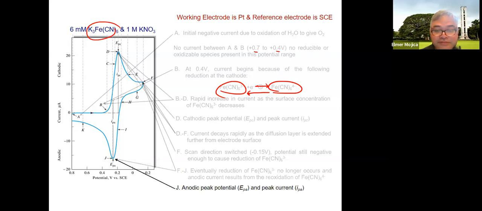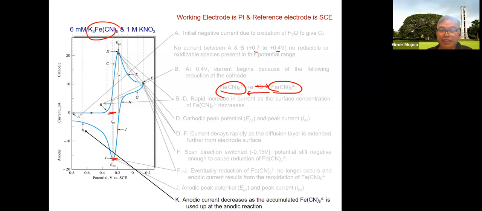So the lowest point that you have here, or the maximum between this and the background that you have there, that is the zero. That is your anodic peak potential and peak current. So this is very useful, a very simple method that is very useful in characterizing the electroactive system that you have in your working electrode.